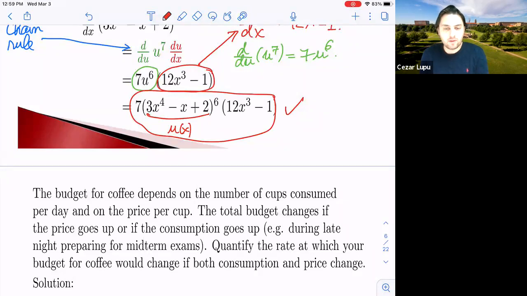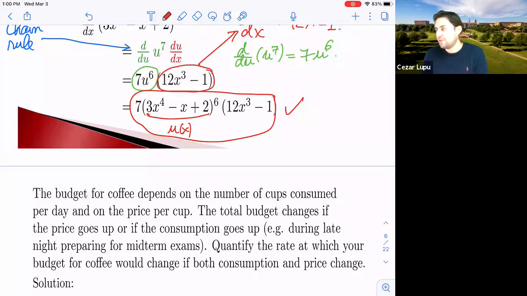So the example given is during late night preparing for midterm exams, for example. So we would like to quantify the rate at which your budget for coffee would change if both consumption and price change. I thank God that instead of coffee there was not any alcohol or beer or something.